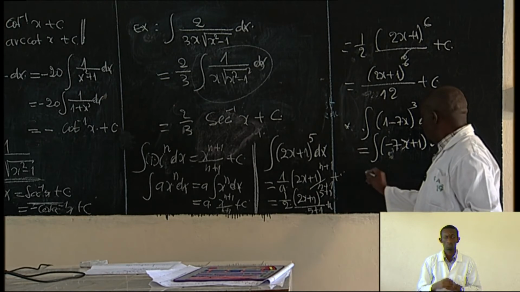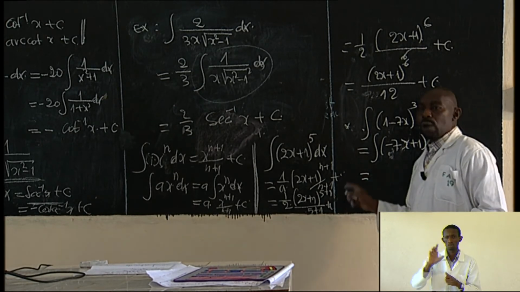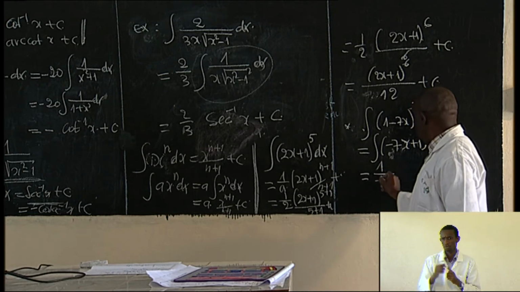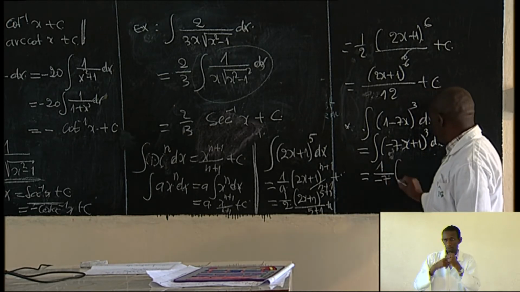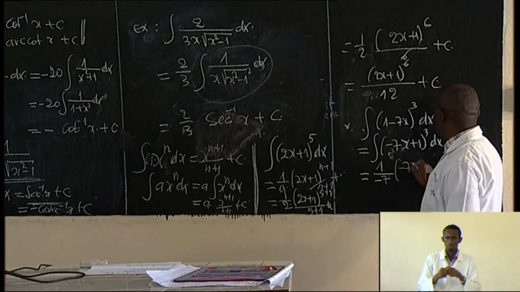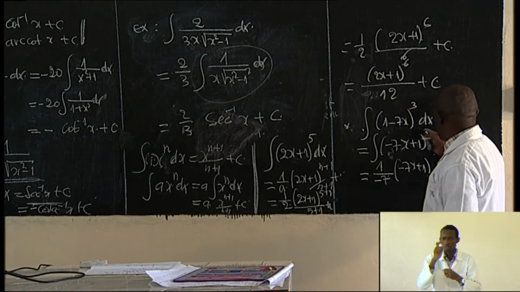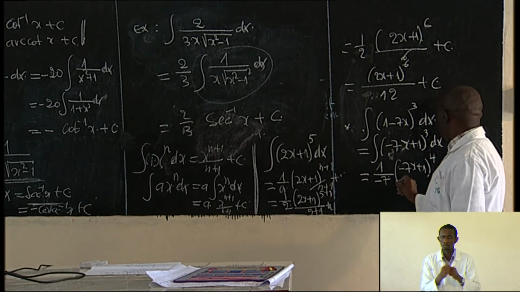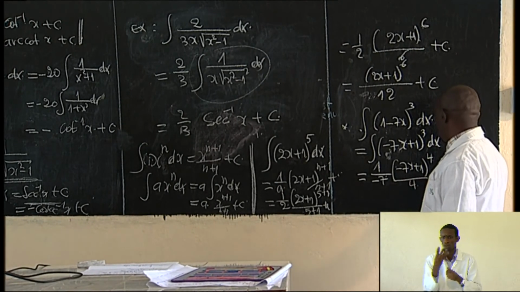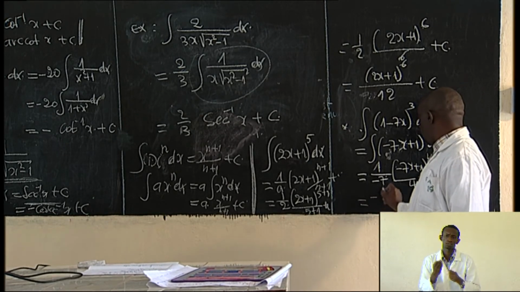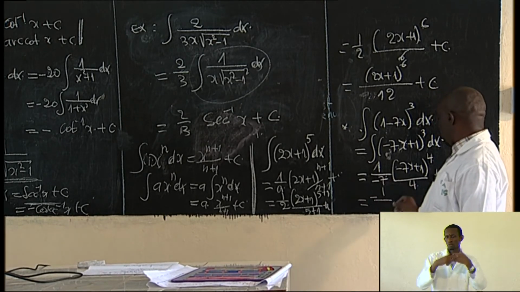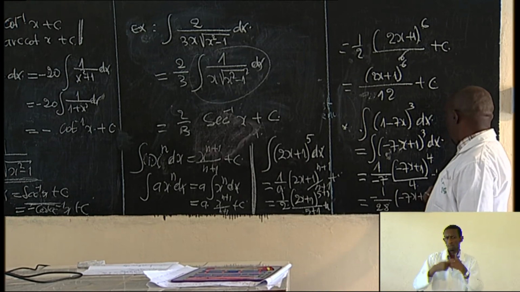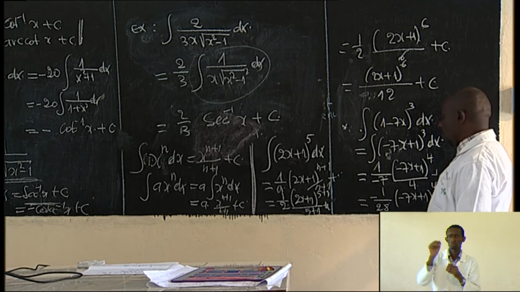Applying the formula, this is 1 over a, which means 1 divided by negative 7. Then minus 7x plus 1 power 3 plus 1, this is 4, divided by 4, then plus c. I get negative 1 over 7 times 4, which is 28, minus 7x plus 1 power 4, then plus c.